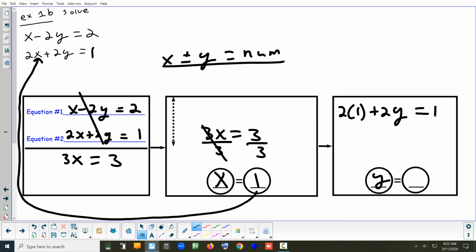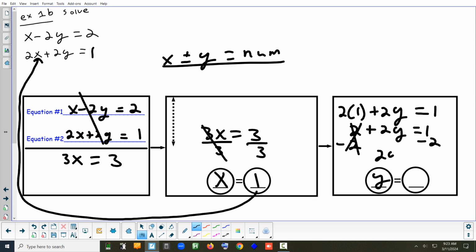Now let's simplify it and see what we get. Lily, what's 2 times 1? 2. So 2 plus 2y equals 1. What would be my next step? Subtract 2 on both sides. What does that leave on the left side? 2y.